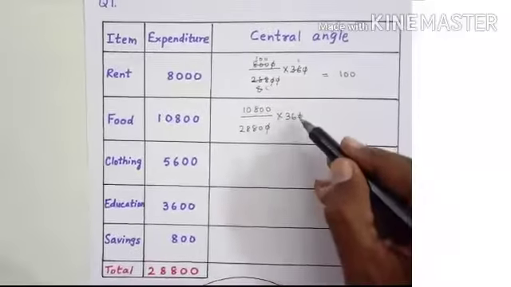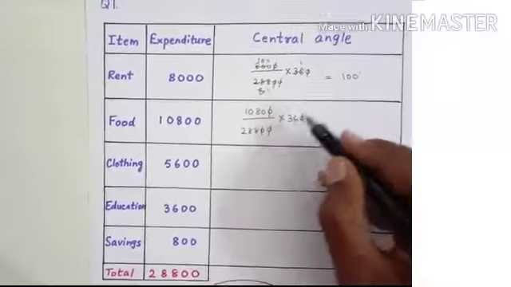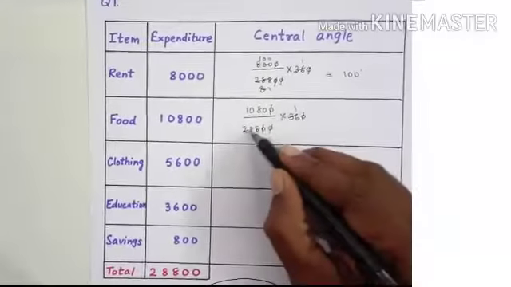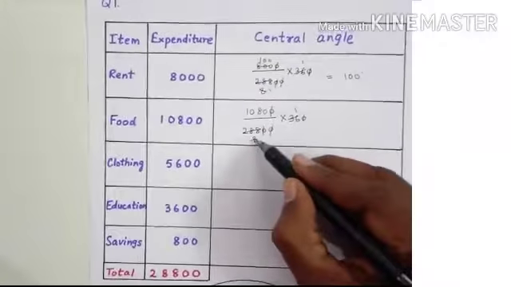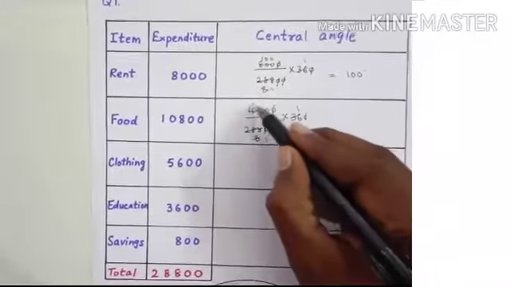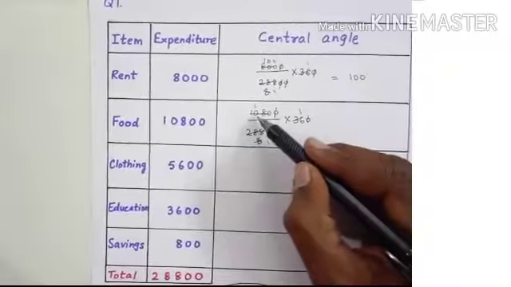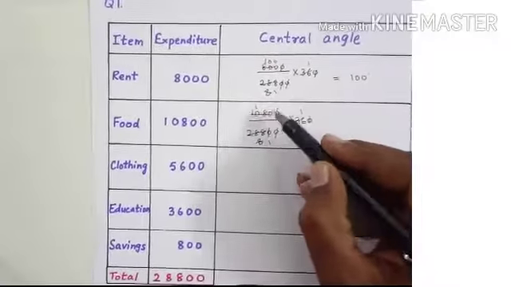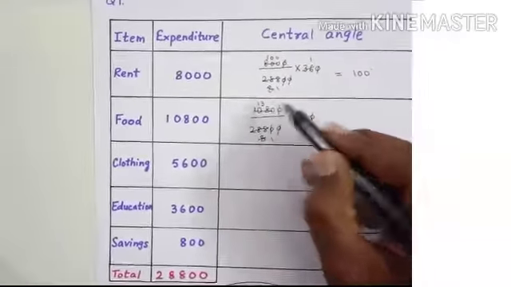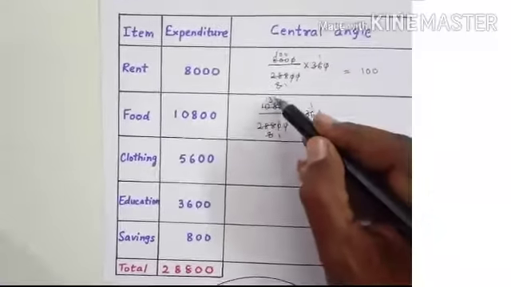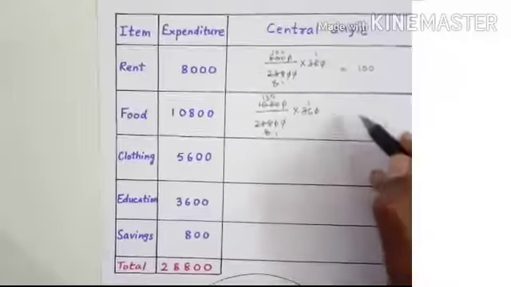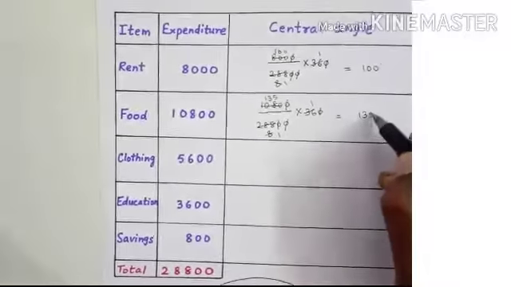Cancel 0 and 0, this 0 and this 0. 36 ones are 36 and 36 eights are 288. Now 8 ones are 8, 8 ones are 8, remaining is 2, 2 and 8 make 28, 8 threes are 24, remaining is 4 and 0 makes 40, 8 fives are 40, equal, it will come to 135 degrees.